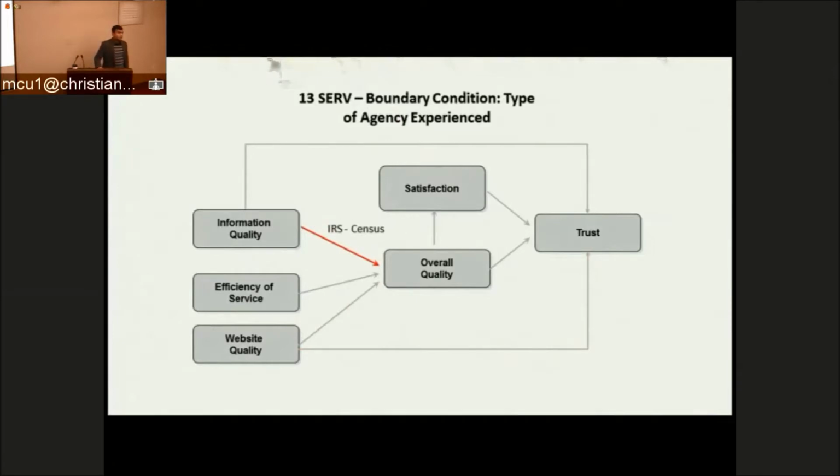Meaning if you are going on the IRS website and looking for information, the quality of information impacts the perception of overall quality more than if you are on the census website. And the same thing for Social Security and census.